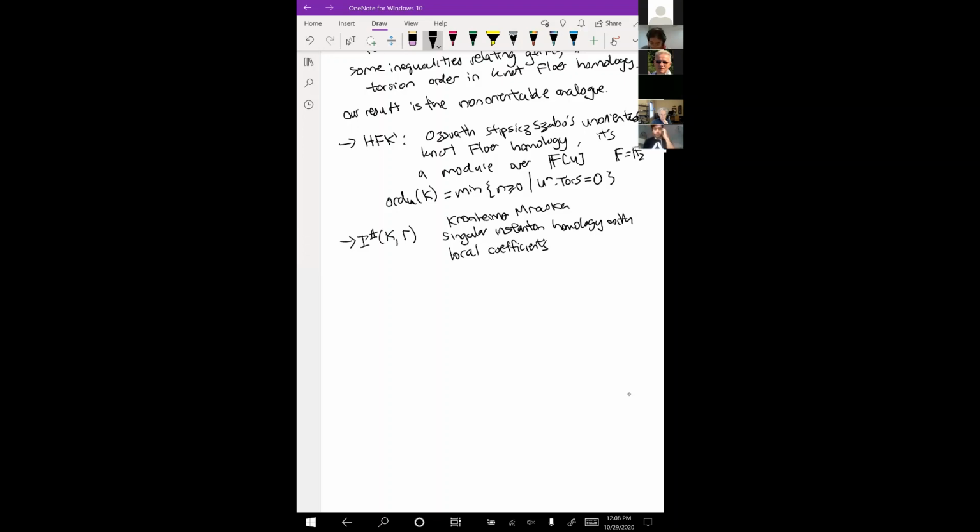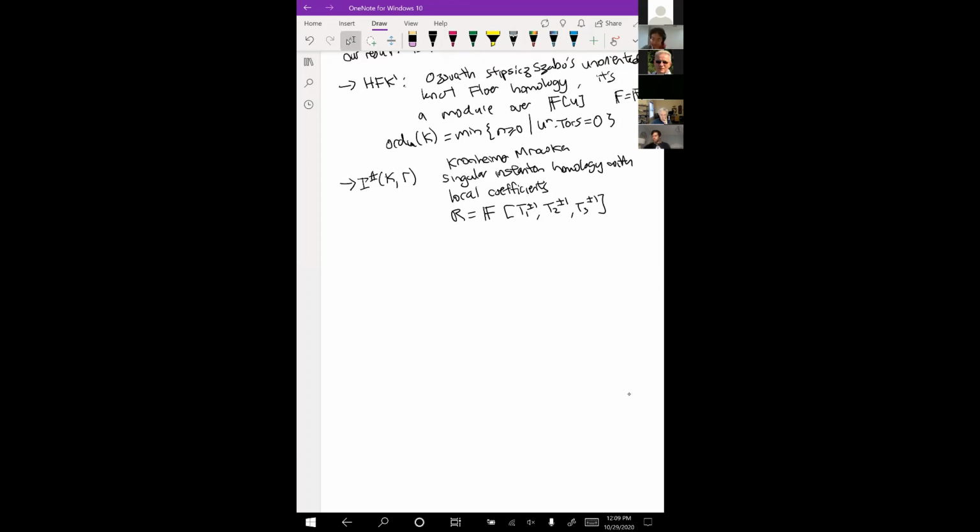It's going to be a module over a ring R, which is the ring of Laurent polynomials in 3 variables over the same field, F2. And in this ring, there are these 2 specific elements that we're going to be talking about, which are defined explicitly in terms of the variables. Q2.